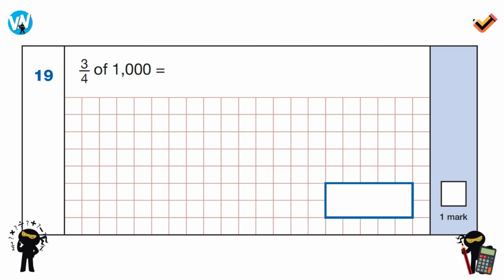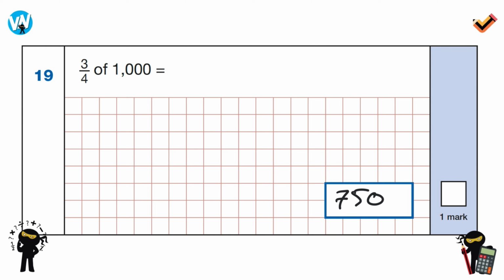Now, again, what you'll see if we try to use the previous strategy, we know it's fractions of amounts, so we're going to divide by the bottom, times by the top. Ideally, because it's 1,000, we would just know that we've got 250 is a quarter, 500 is 2/4 or a half, 750 is 3/4. So really, most of you should just be able to see this is 750, because it's just quarters.